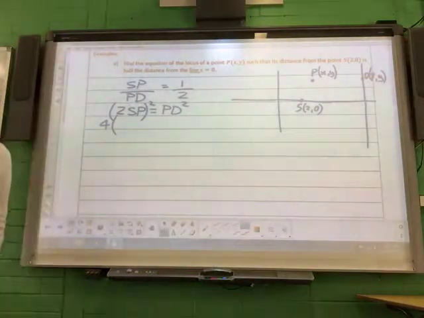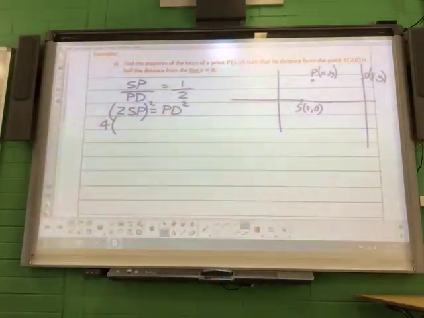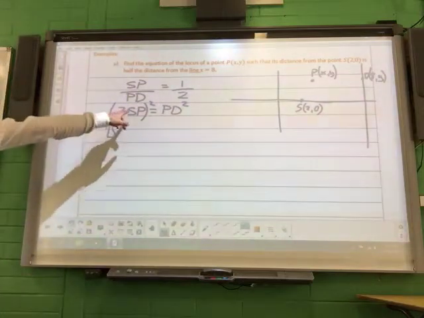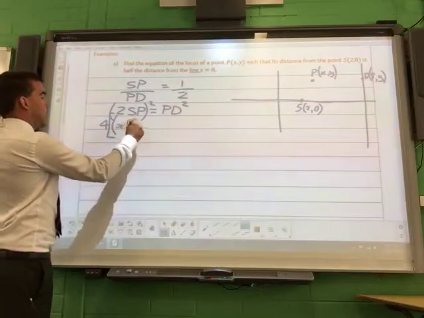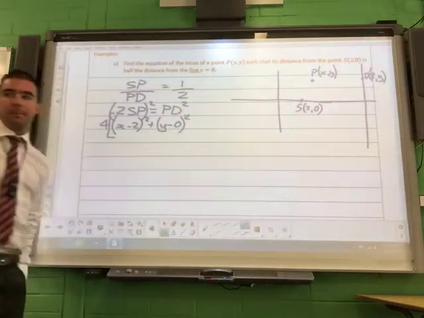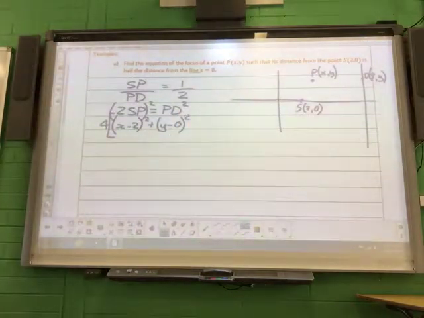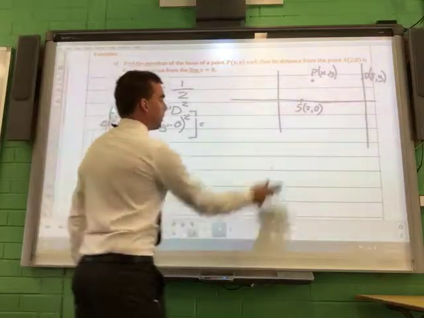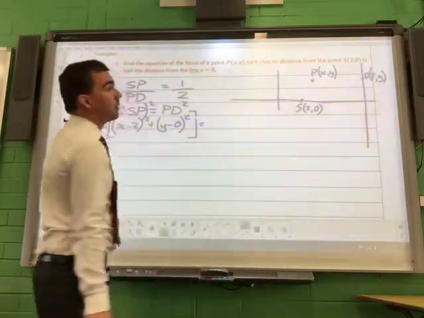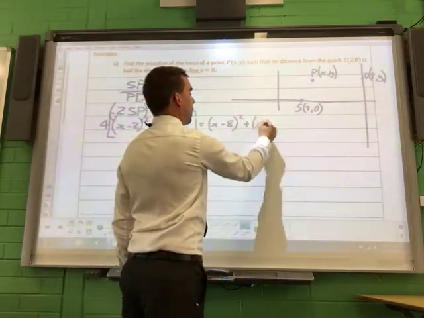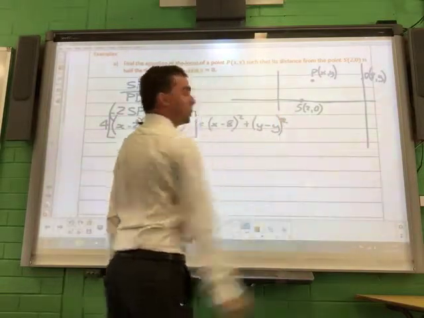So really, I'm just doing the same thing I did before. I just know what the eccentricity is now, and I don't have a lot of messy variables. I've got some more numbers to work with. Alright, so square 2, which is 4, SP, the distance: x take away 2, all squared, plus y take away 0, all squared, using the distance formula. Then PD: x take away 8, all squared, plus y take away y, all squared.